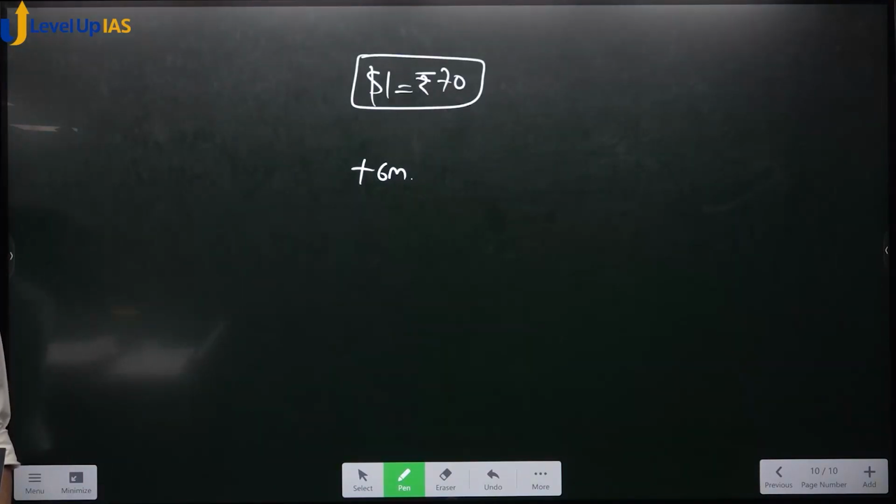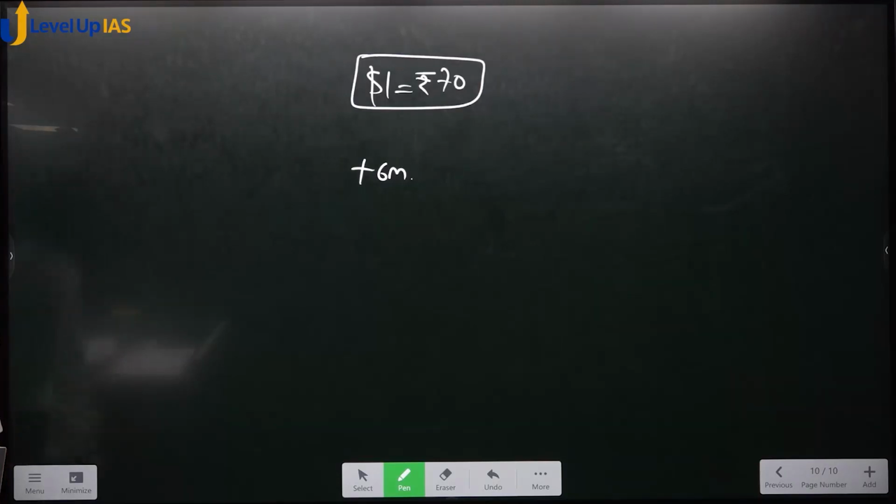When $1 becomes 65 or when $1 becomes 75? 75. Because $1 lakh into 70 you have to pay today. If you had to pay today, it would be $1 lakh into 70. But if it goes to 75 six months down the line, then it will be $1 lakh into 75. But if it goes to 65, then you will benefit because you will only have to pay $1 lakh into 65. You don't want to take this risk, because anything can happen, forward or backward.